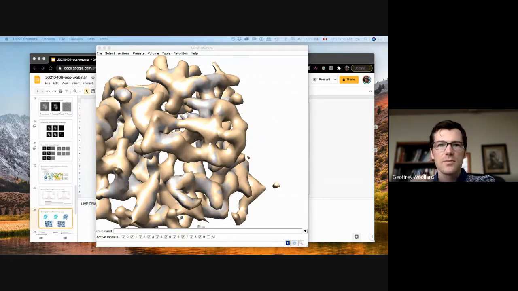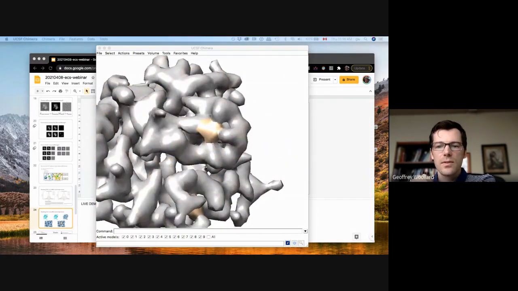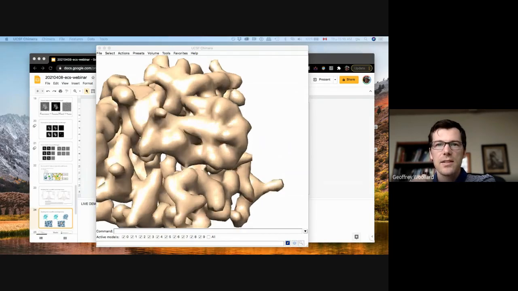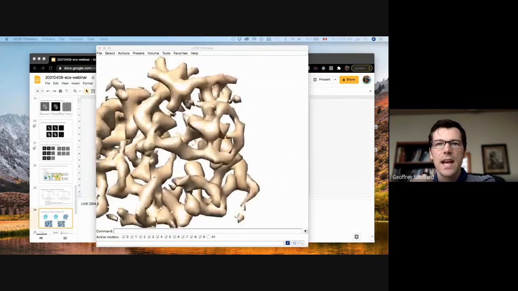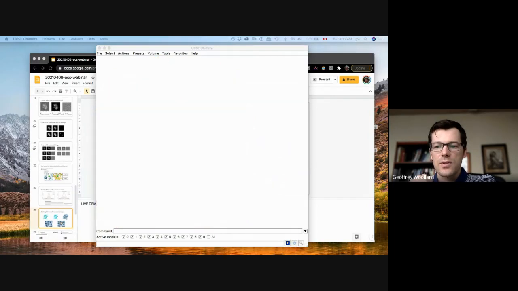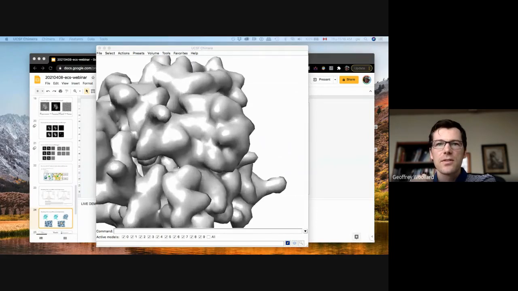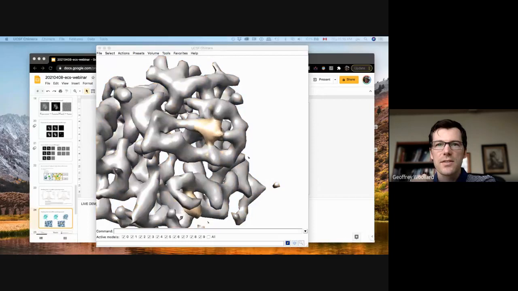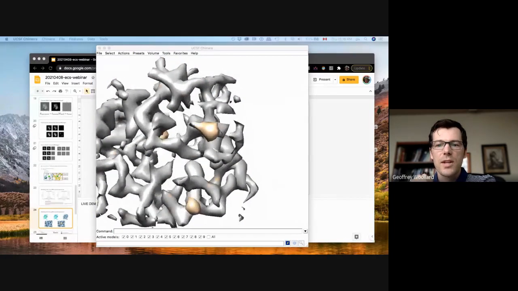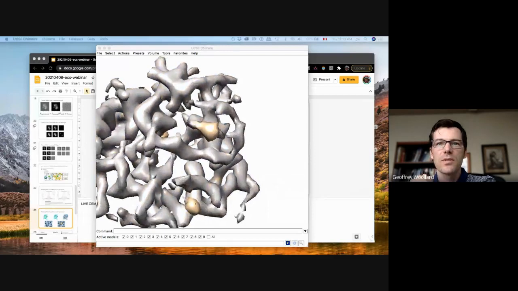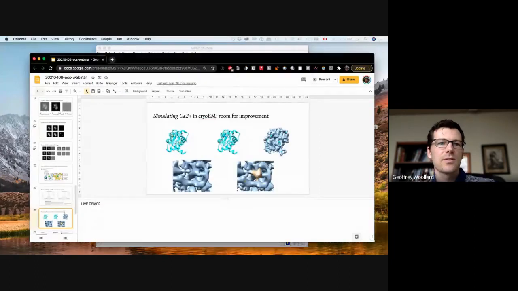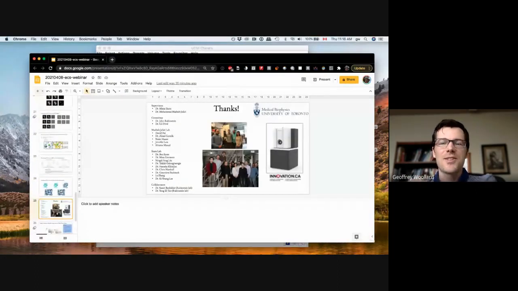Here we see where calcium is, and if only half the particles have calcium, so there's sort of 50% occupancy, you can still see calcium in that area, but the threshold is much lower. So metrics that take into account the intensity are very important for calcium because it really stands out above the protein background. And that's it. Thank you very much.